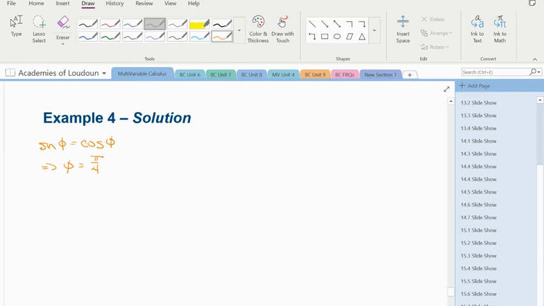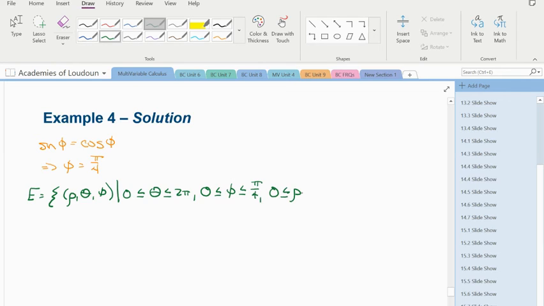And therefore, the description of the solid E in spherical coordinates is then given by rho, theta, phi, where theta is between 0 and 2 pi, phi is between 0 and pi over 4, and rho is going to be between 0 and cosine phi.